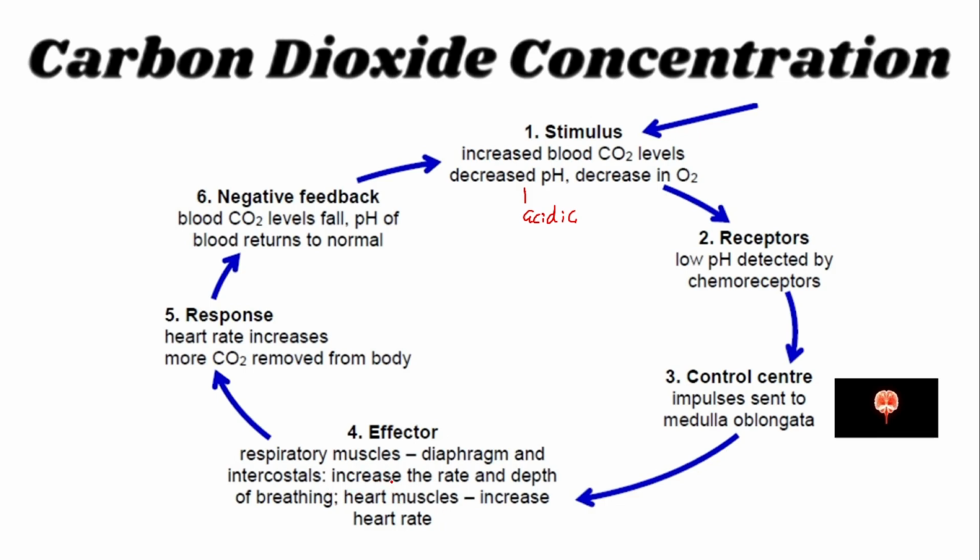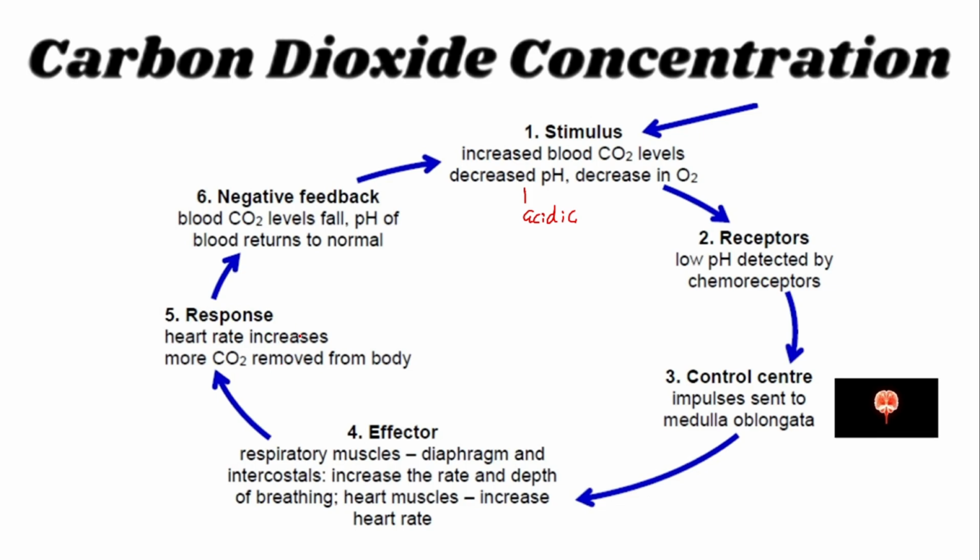And it will force the diaphragm and the intercostal muscles to contract and relax, and then it's going to increase the rate and depth of breathing, and it's going to help the heart muscles to also increase the heart rate. So then the cardiac muscles of the heart will beat faster, and then it's going to generate a response.